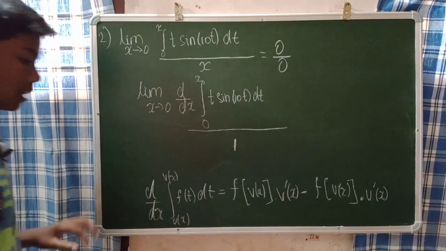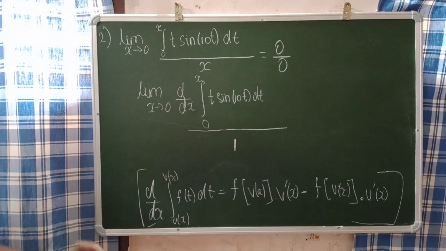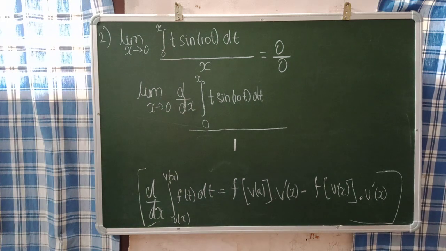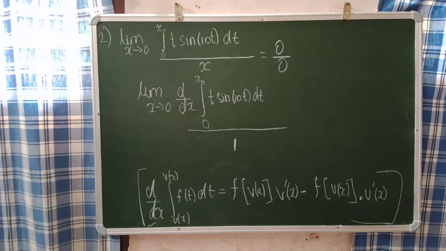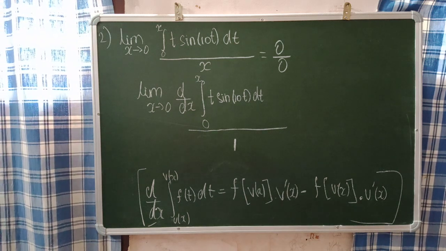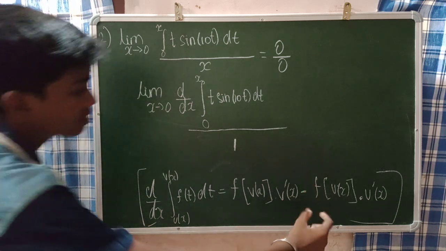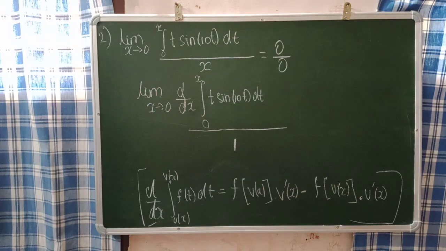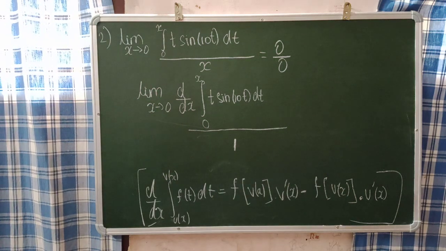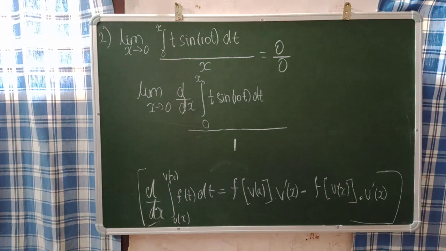That is, f of upper limit into derivative of upper limit, minus f of lower limit into derivative of lower limit. This is what I am going to apply in this particular limit.